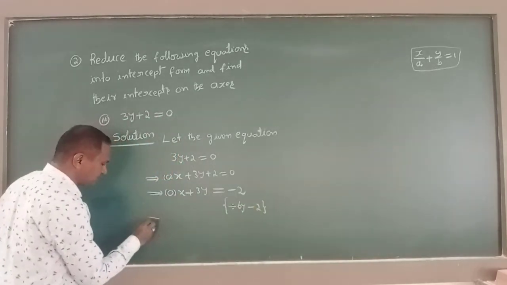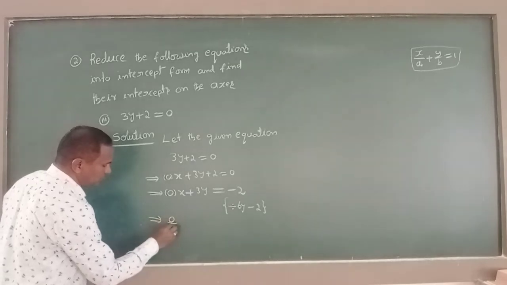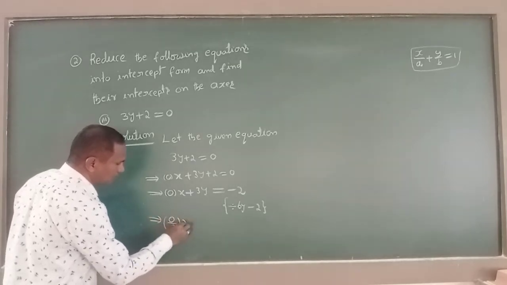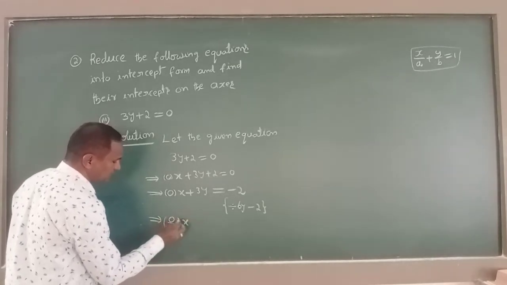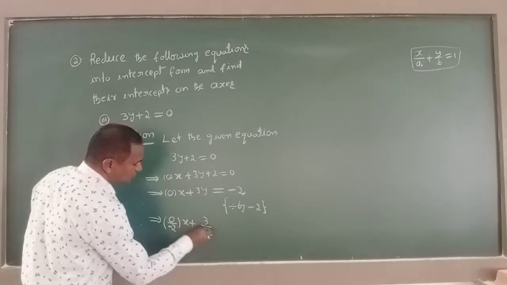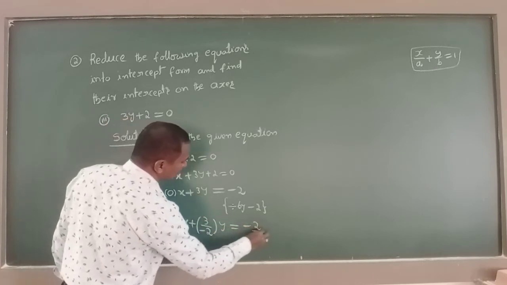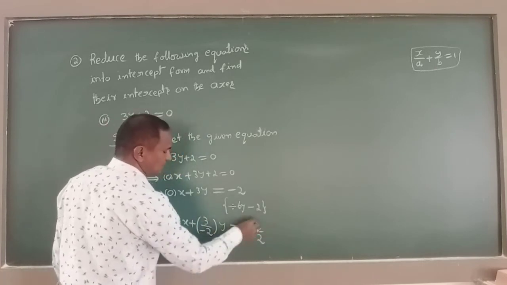It implies we can write 0 by minus 2 of x plus 3 by minus 2 of y is equal to minus 2 whole divided by minus 2.